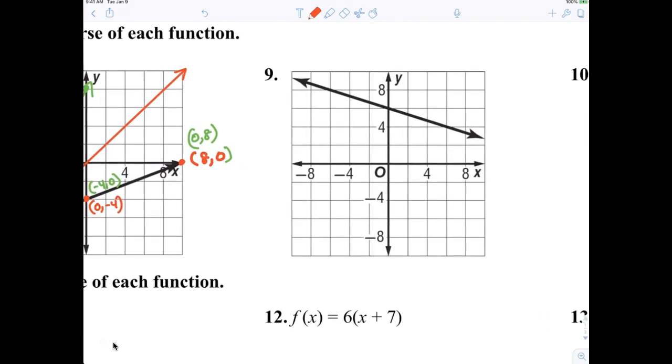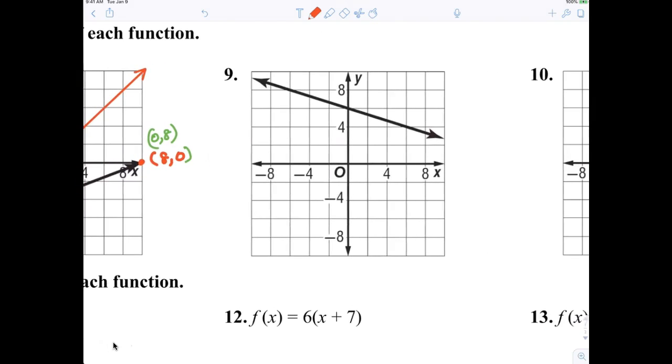So let's take a look now at question number 9. Try to identify 3 points that are on the line. So let's make sure we get this one right this time. Here, I see a point right there, and I see a point right there.